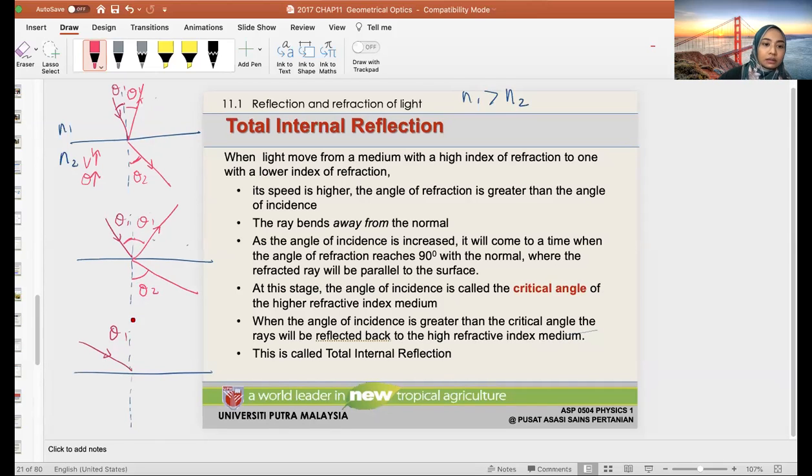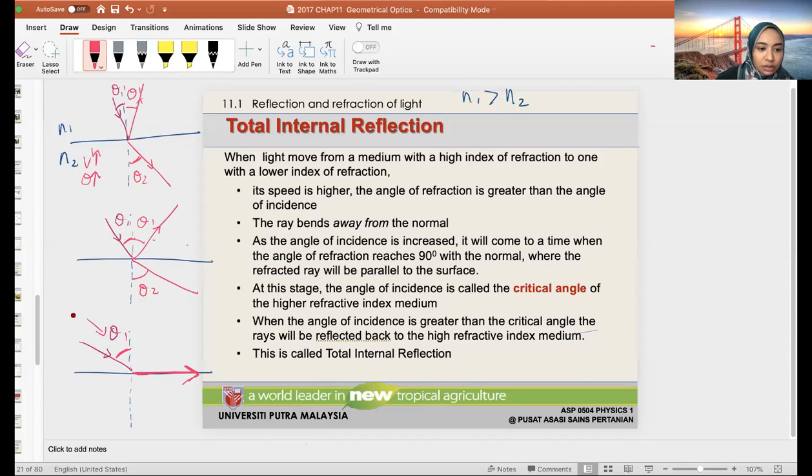Okay, and then the third situation, I increase my incident angle even more. What happens? Now my light is all over here. When I reach a certain angle, tak ada reflected dah, but the light is on the boundary. What is this called?